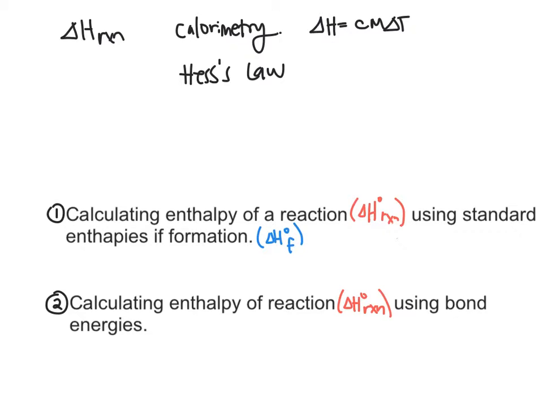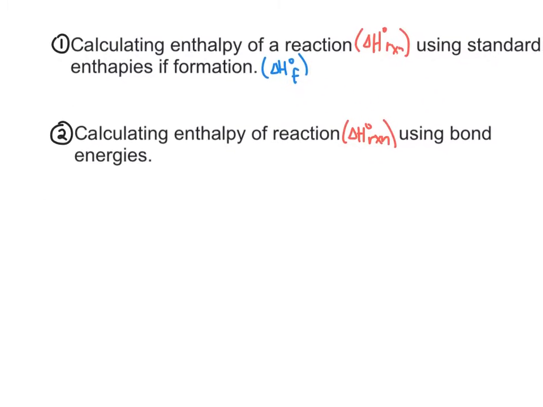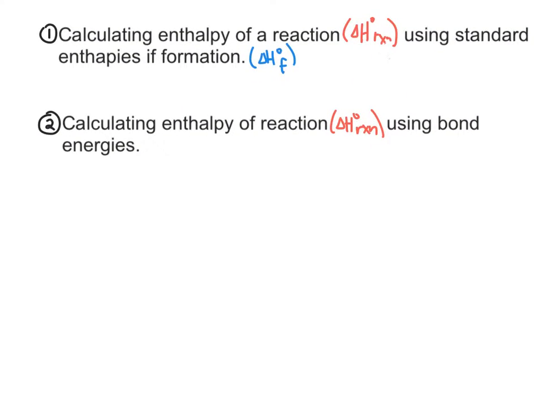So you can measure it or you can use known equations to get your enthalpy change. So today we're going to talk about two other methods for calculating the enthalpy of a reaction. These are using standard enthalpies of formation to get your enthalpy of reaction, or you can use bond energies to get your enthalpy of reaction. So we'll start with the first one.